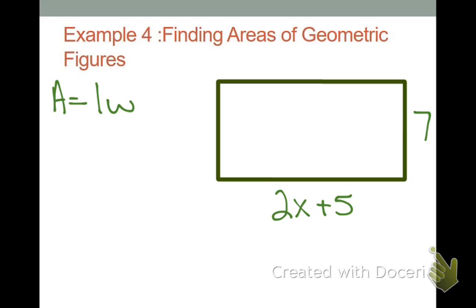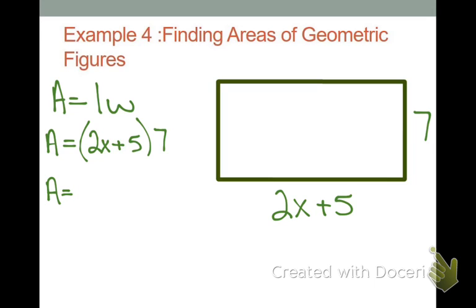Length times width. Well, in this case, what is the length? 2x plus 5. What is the width? Do you have to multiply it in that order if that's not visually appealing to you? What can you do? You can do the switching. You can switch it and put the 7 out front. That's no problem. Now I want you to distribute it.